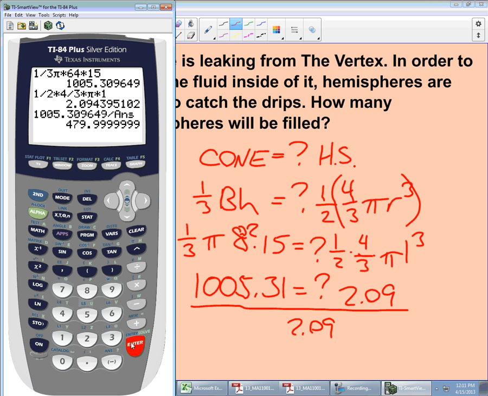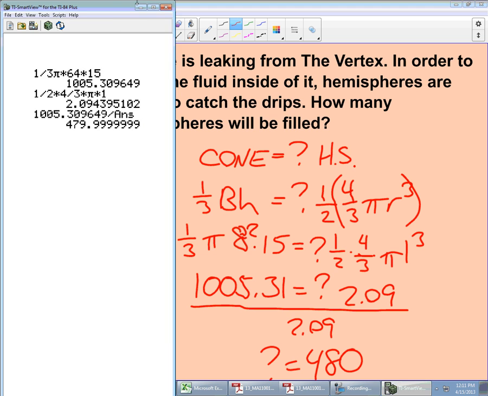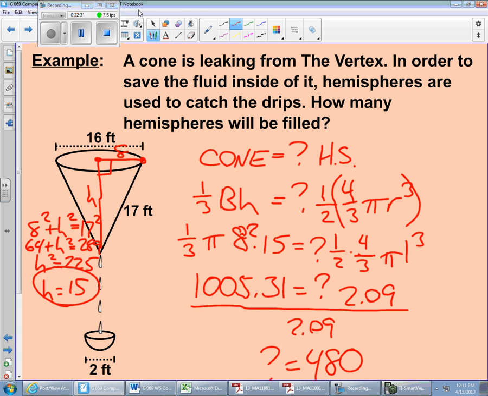I made up this problem on the fly earlier today, and it came out almost exactly 480. So there's our answer, I believe. How many hemispheres will be filled? Well, 479.9999999. It was 480 hemispheres.